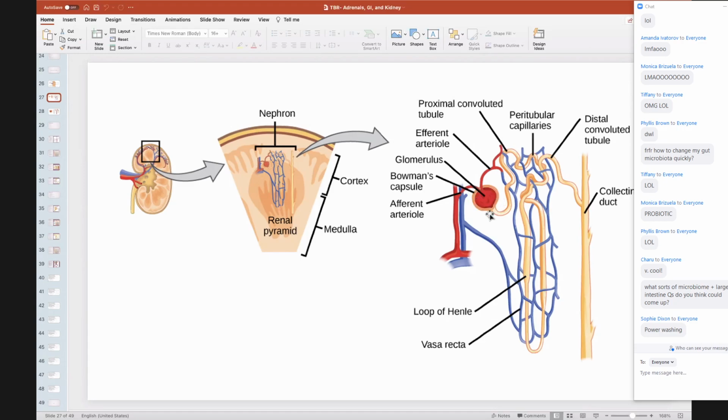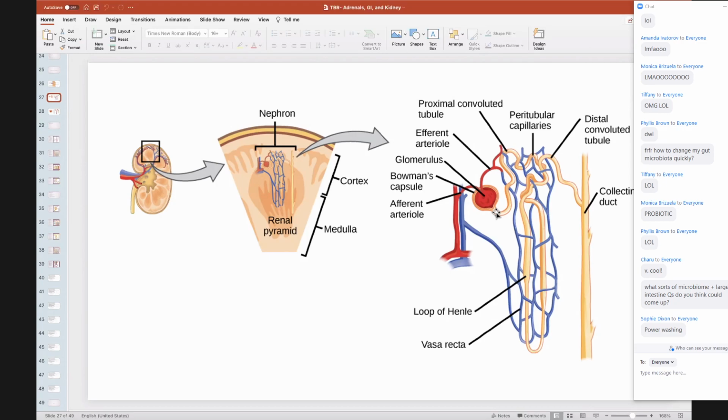We have these special types of capillaries in the Bowman's capsule called the glomerulus. The glomerulus is where we kind of kick out dissolved solutes from the blood. We enter this very twisty tubule that is next to the Bowman's capsule. It is called a proximal convoluted tubule. Proximal because it's close to the Bowman's capsule, and because it's all twisty, it's called convoluted tubule.